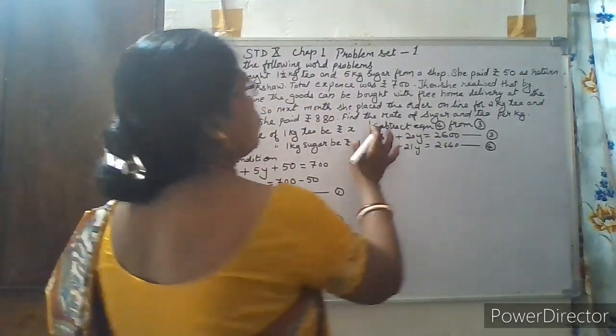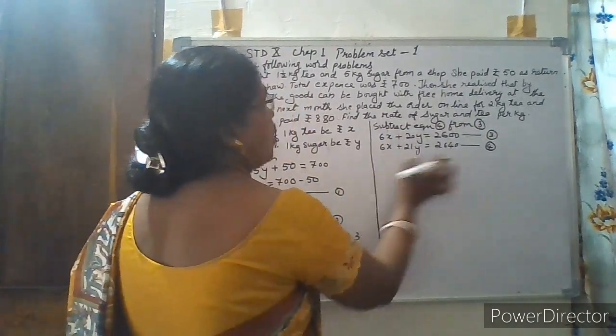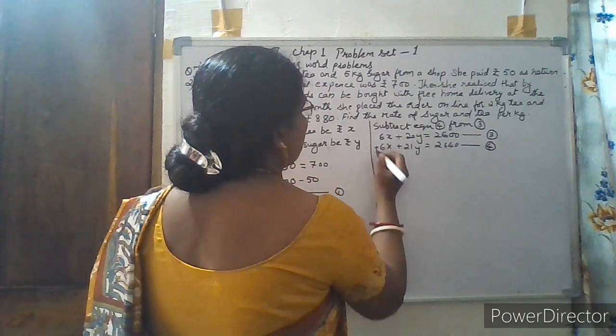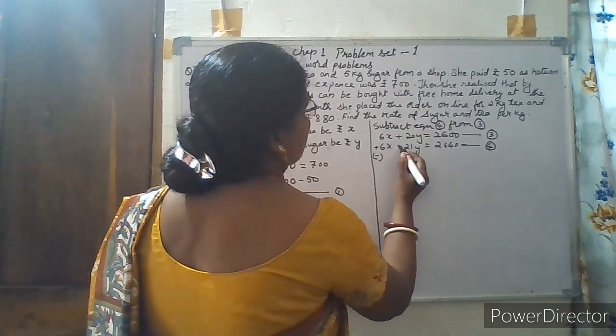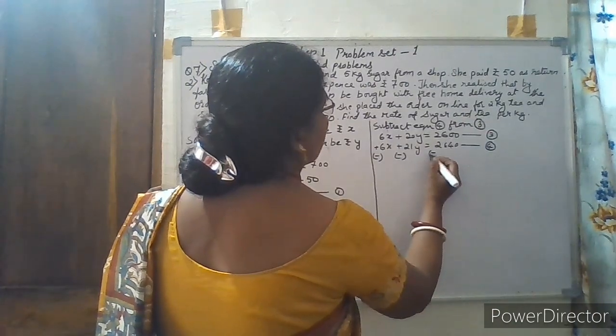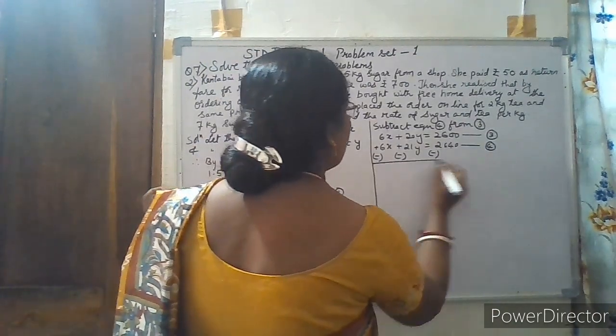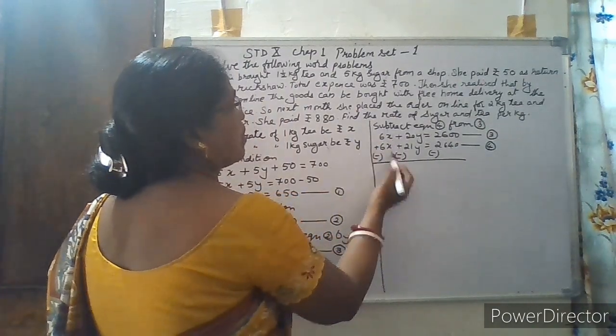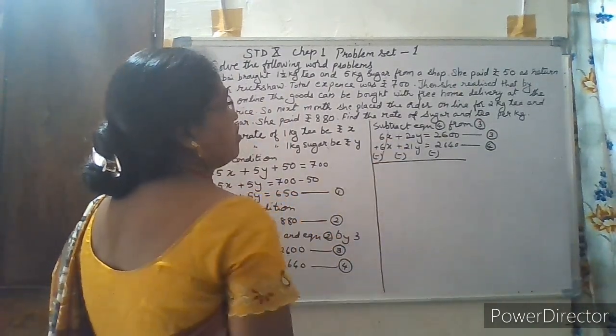As we have to subtract the equation, then we have to change the sign of the second equation. So this is plus, it will change to minus. So when we subtract, 6x minus 6x is cancelled.